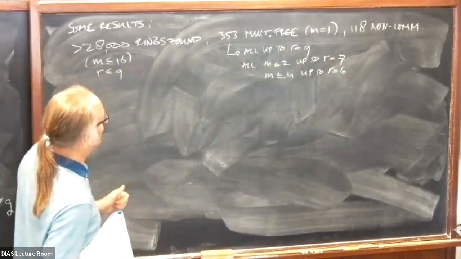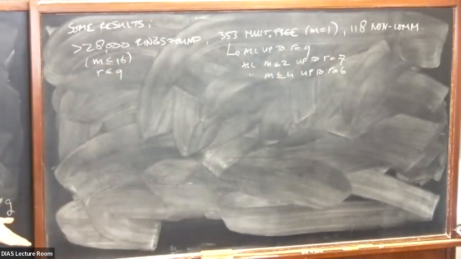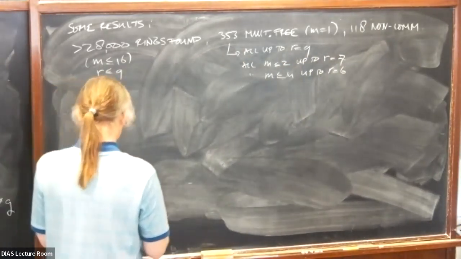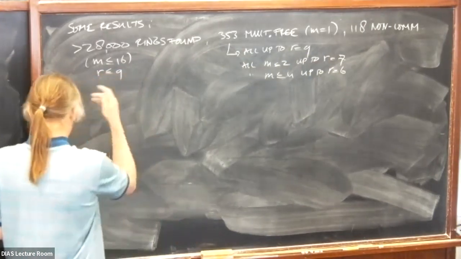I think we went up to 16 for multiplicity 2, because clearly we know them all anyway, and there can be many of them. So, right. So that's one thing.